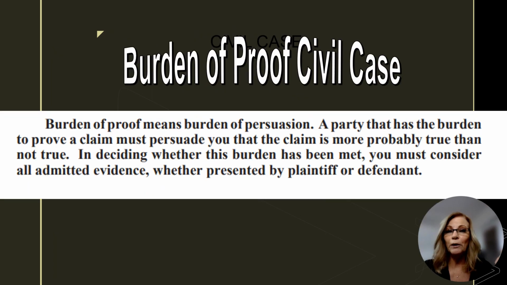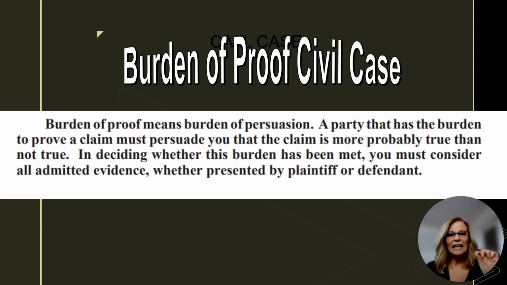And what do I prove? In a civil case, it is more probably true than not. The plaintiff has to prove by more probably true than not. That's preponderance of the evidence. So what you say is, if you're the plaintiff and you're suing someone, you say, ladies and gentlemen, we have proved to you every claim more likely than not.